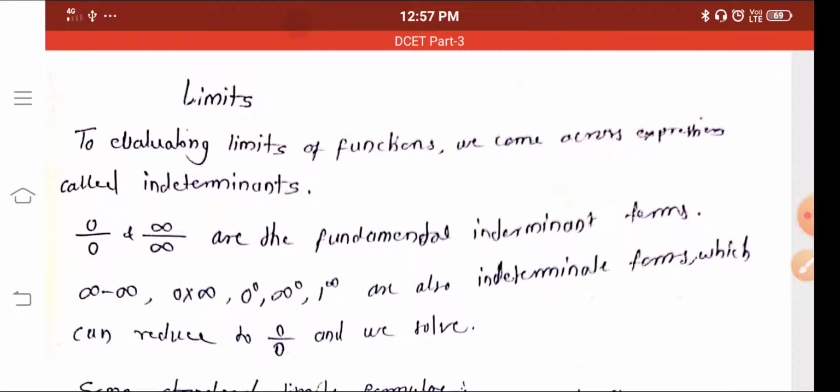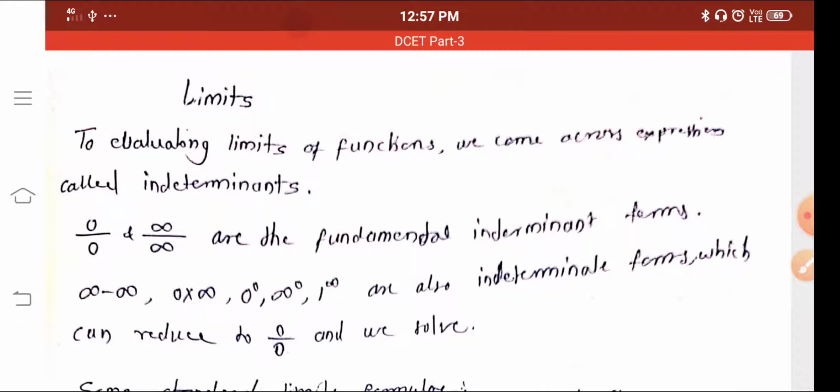So we know that to evaluate the limit of a function we come across expressions that are called indeterminate. Indeterminate form means the given function is in the form of either 0 by 0 or infinity by infinity; these are the fundamental indeterminate forms.